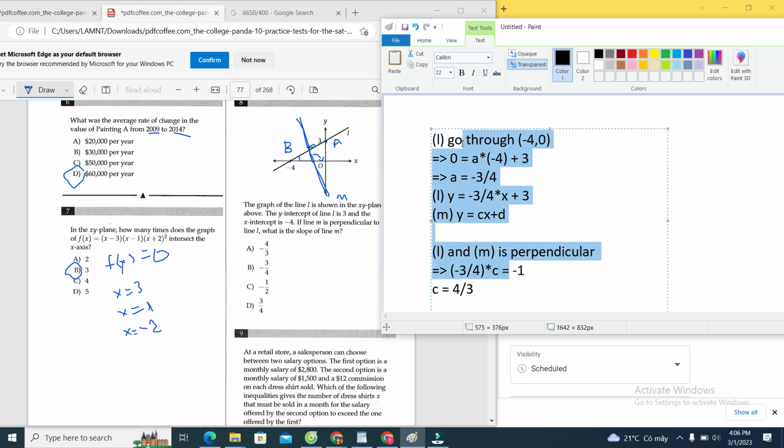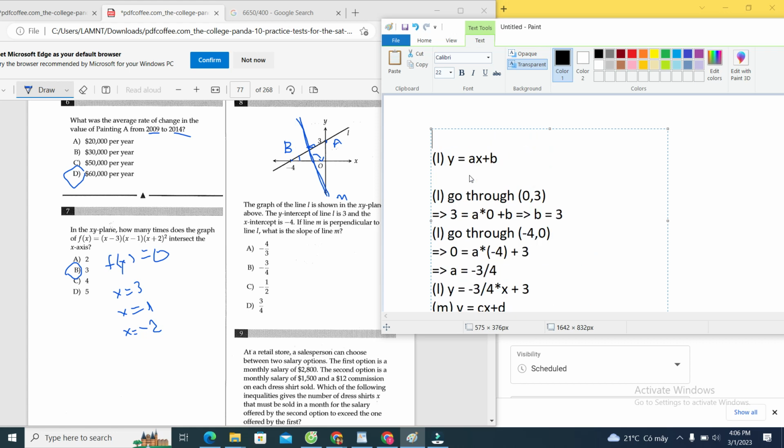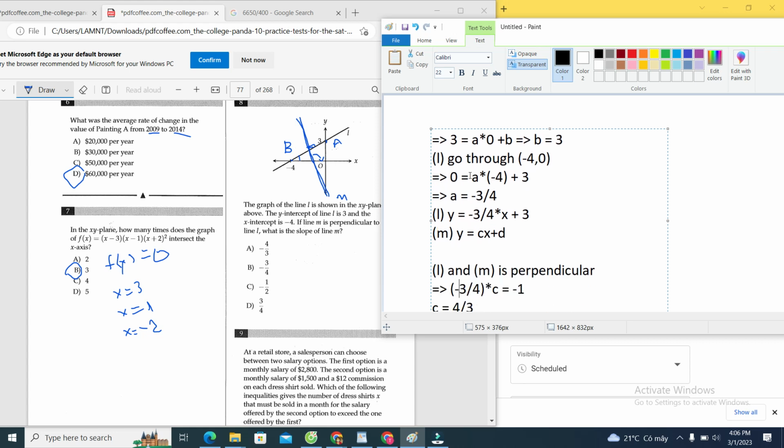I must have calculated something wrong here. Let's check it again.